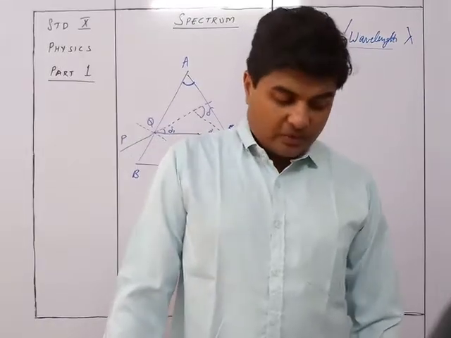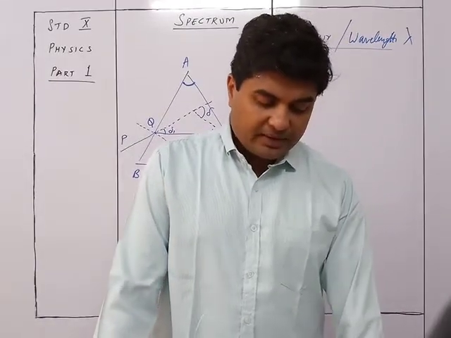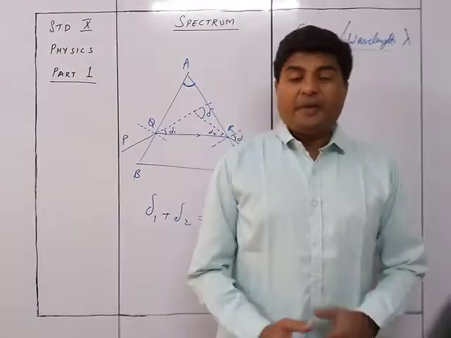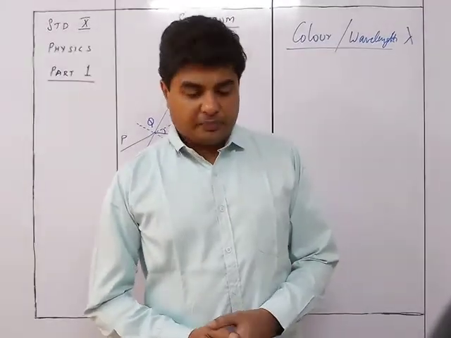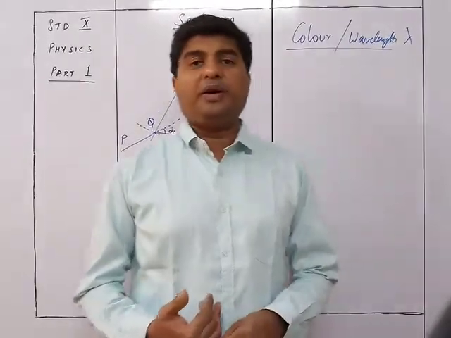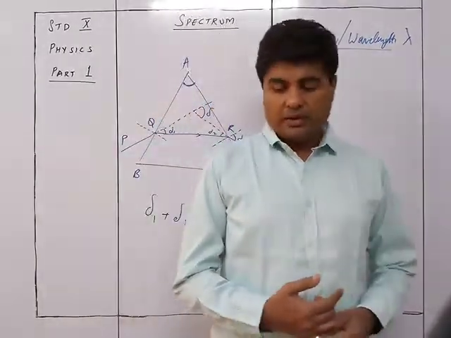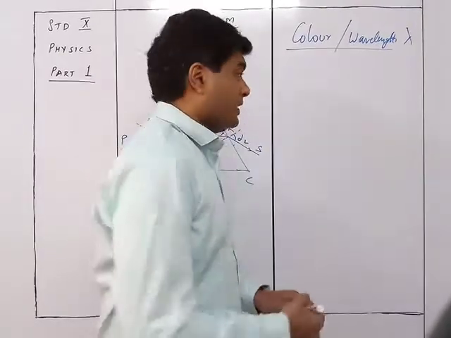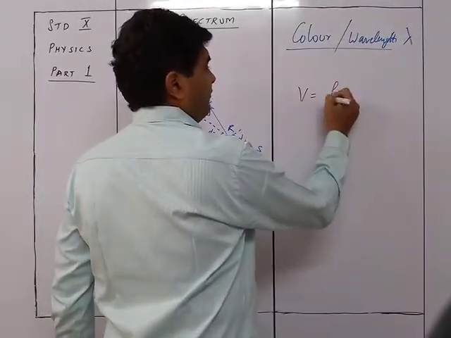So we can see over here what is written: if the speed of the light in the transparent medium decreases, the speed will be dependent on the wavelength. This is also by the formula v = fλ.